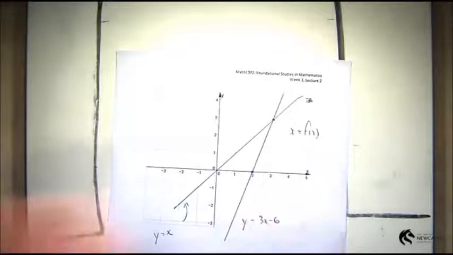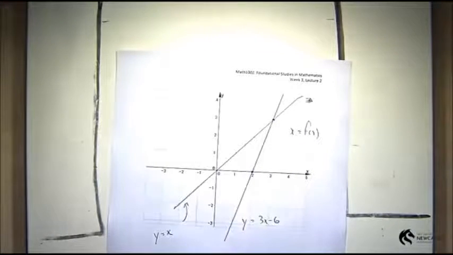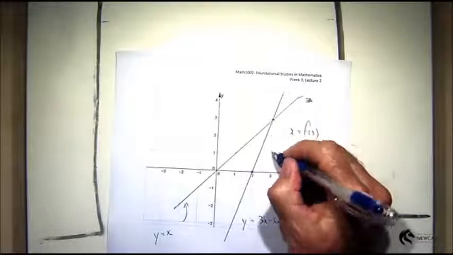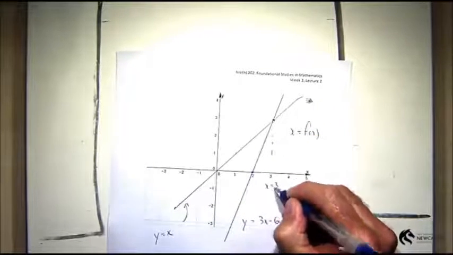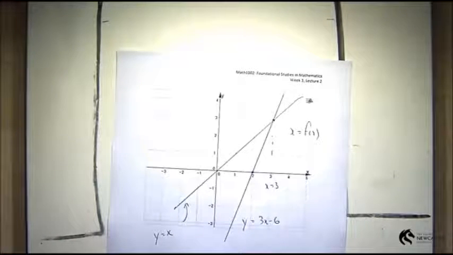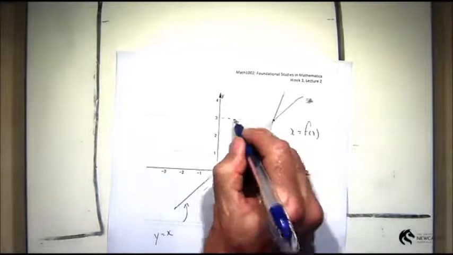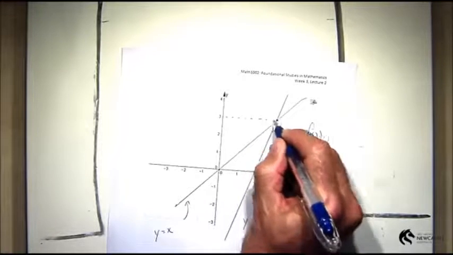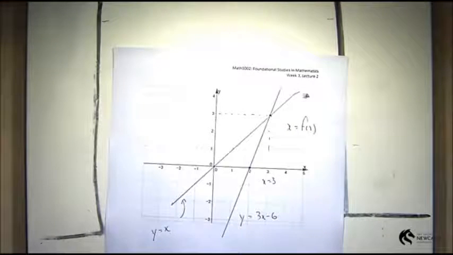That's actually the solution to a set of simultaneous equations. So that says x = 3 is the solution. And you can see that therefore y, or f(x), is also equal to 3. So that's a geometric interpretation of what we did there in B.